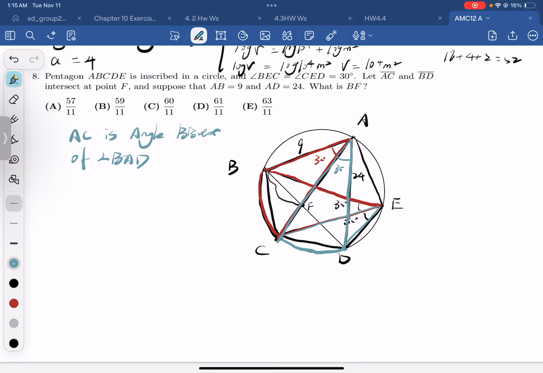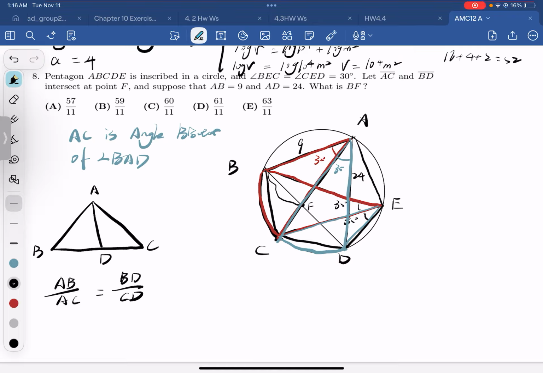So this question becomes pretty straightforward if you know the angle bisector theorem. The angle bisector theorem basically means if here's a triangle and you have an angle bisector here, the ratio of AB and AD equals the ratio of BF and FD. But before we use the angle bisector theorem, we have to know the length of BD.